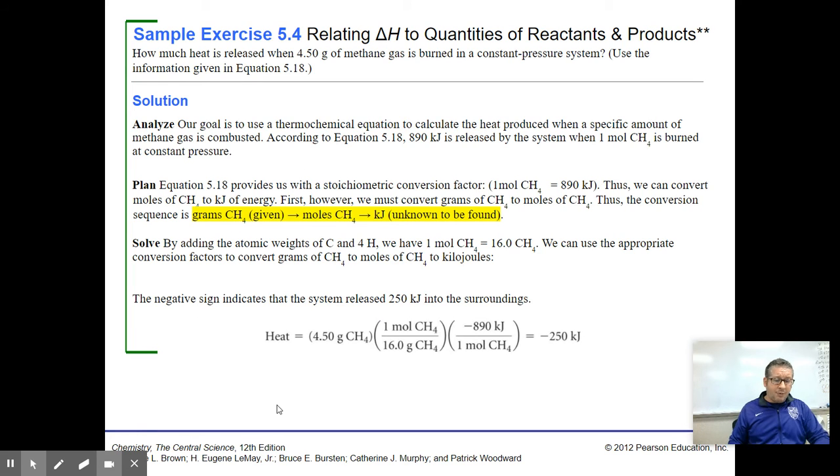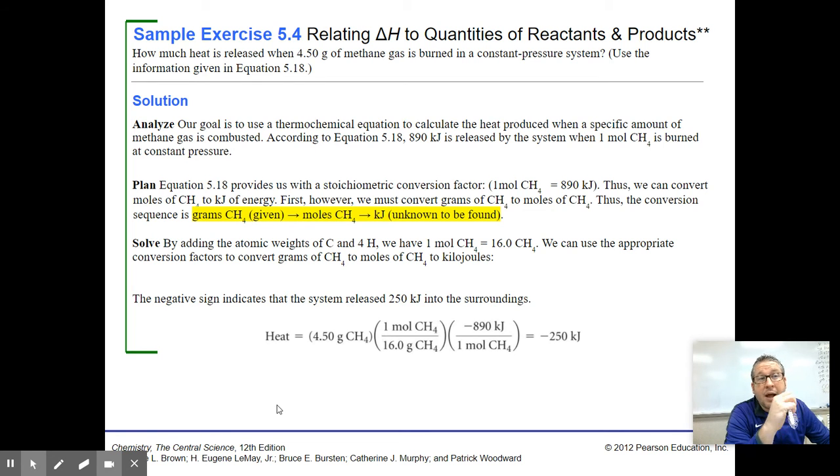So let's look at a practice problem here, okay? This is going to come back to a flowchart-ish type of scenario. You're not really given a flowchart. I'm going to write one down when we get to it, and I want you to write it down too when I give the go-ahead, okay? So our question is, how much heat is released when 4.50 grams of methane gas is burned in a constant pressure system?